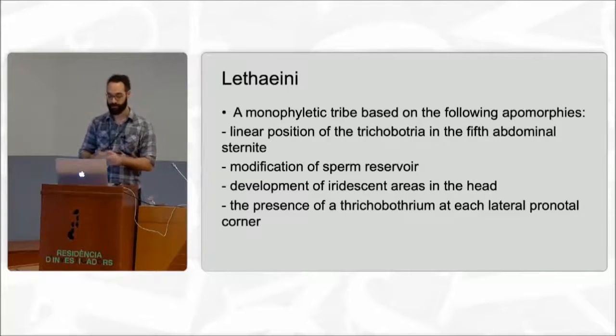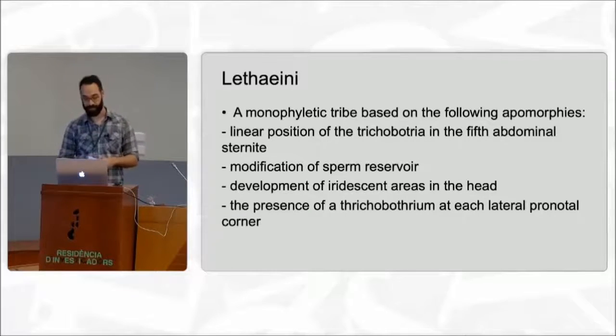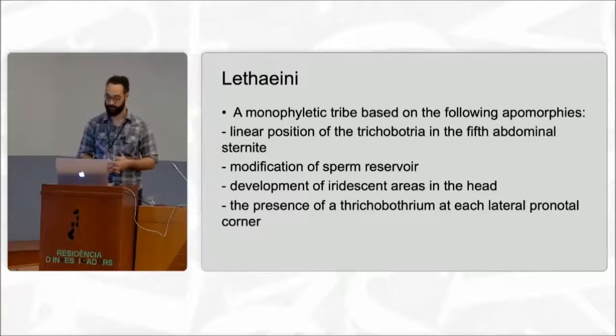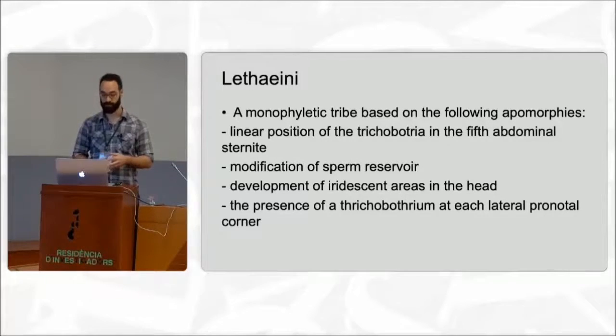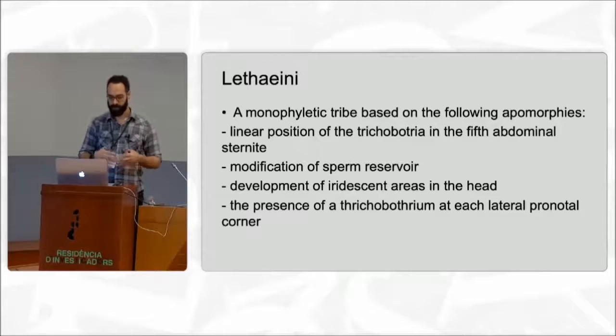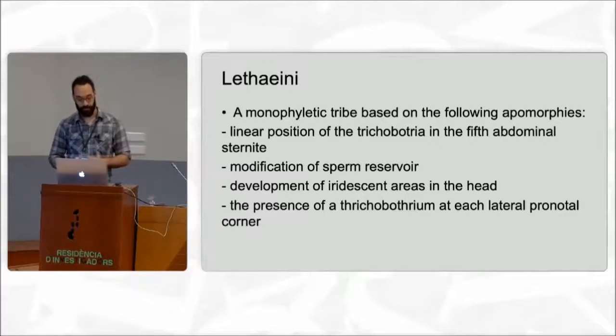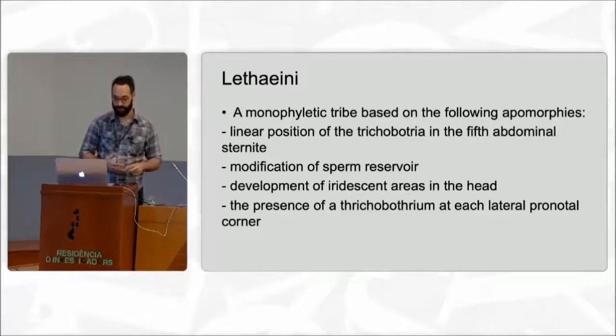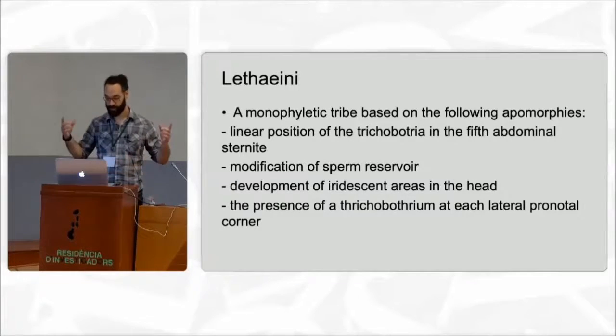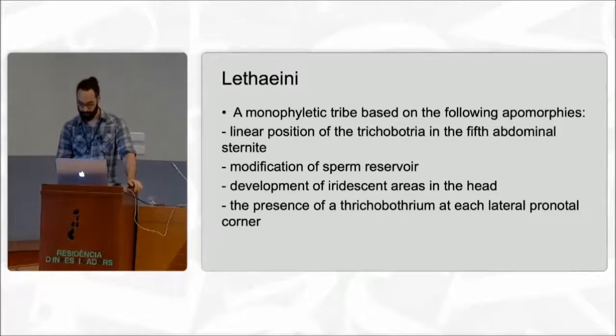This tribe is considered monophyletic based on the linear position of Dicobotia in the 5th abdominal sternite, extreme modification of the stern reservoir, development of iridescent areas in the head, and the presence of Dicobotium at each lateral pronotal corner.